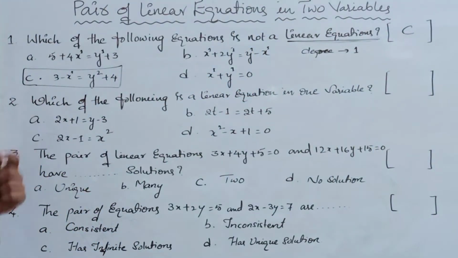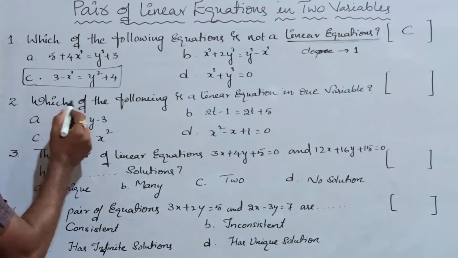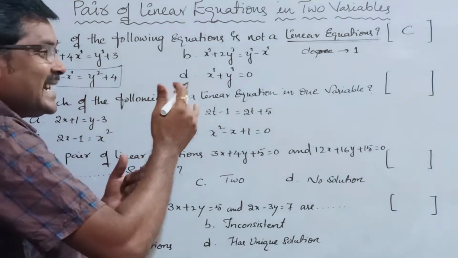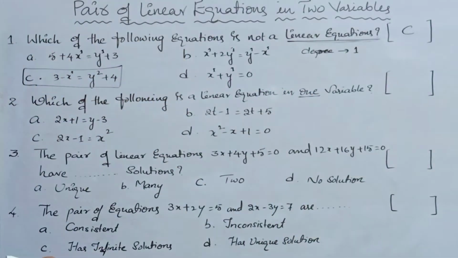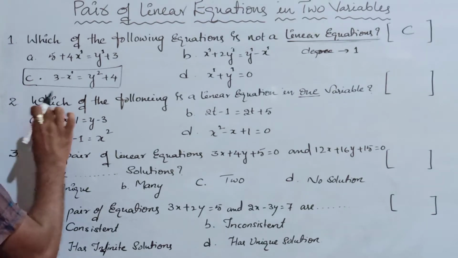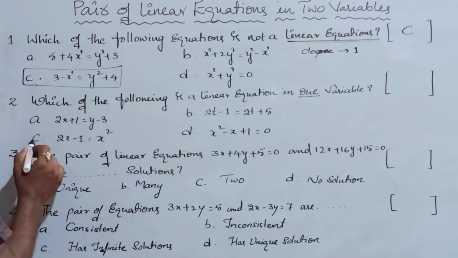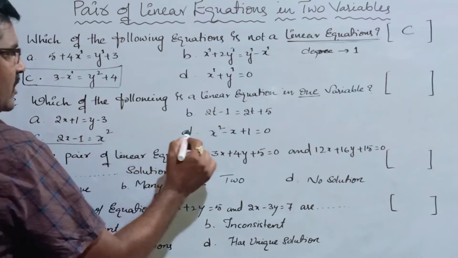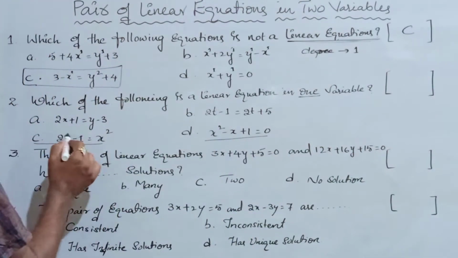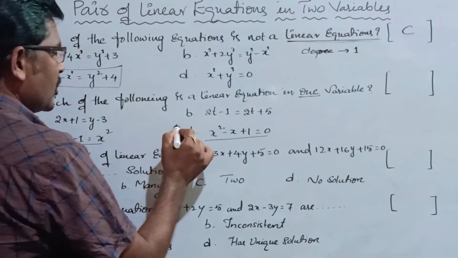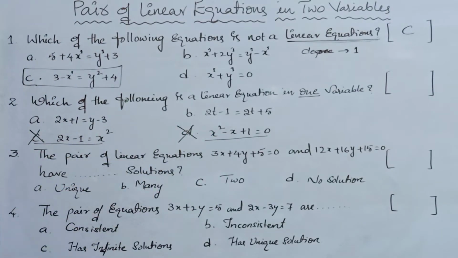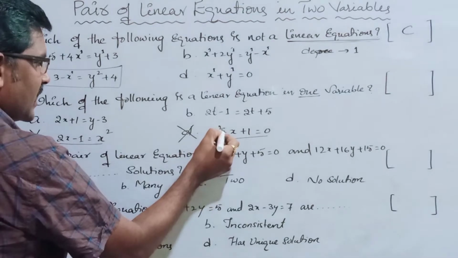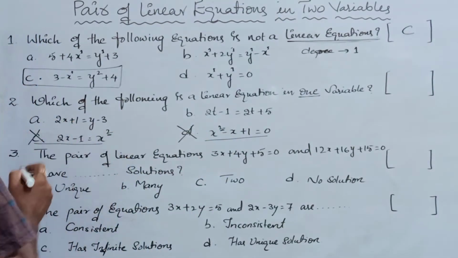Then go to the second problem. Which of the following is a linear equation in one variable? Looking at the options, option C and option D are not linear equations, because here the degree is 2, here also the degree is 2.